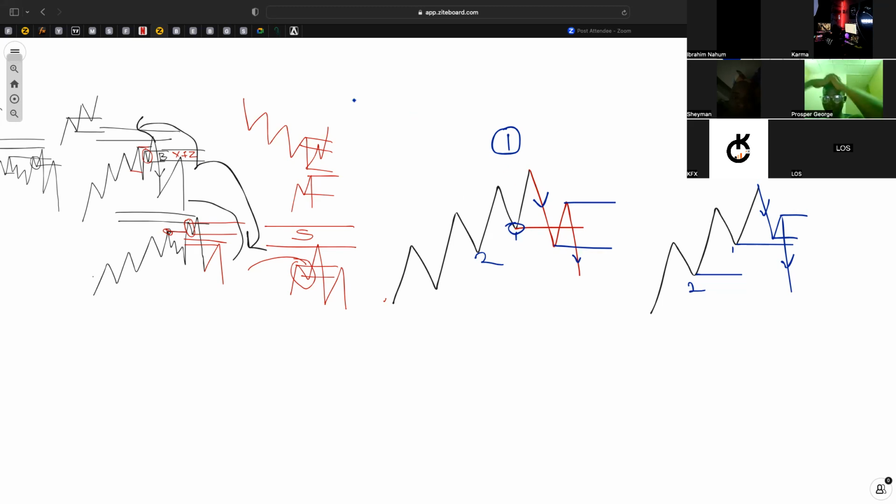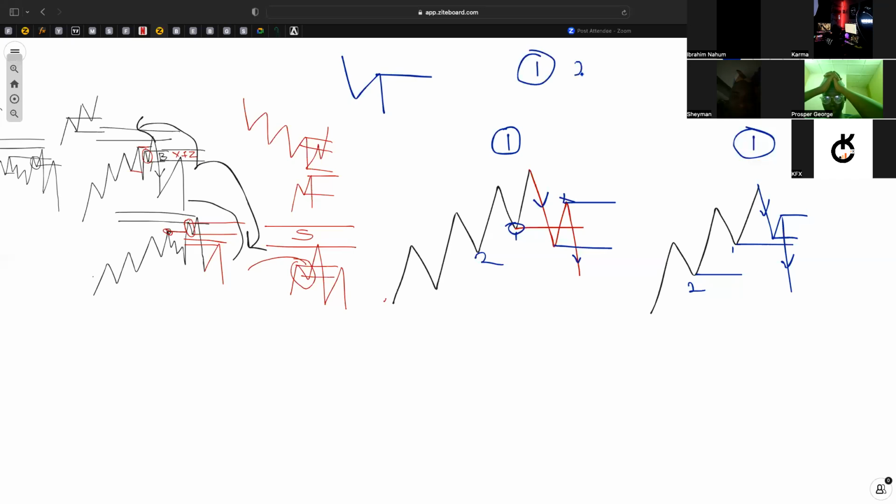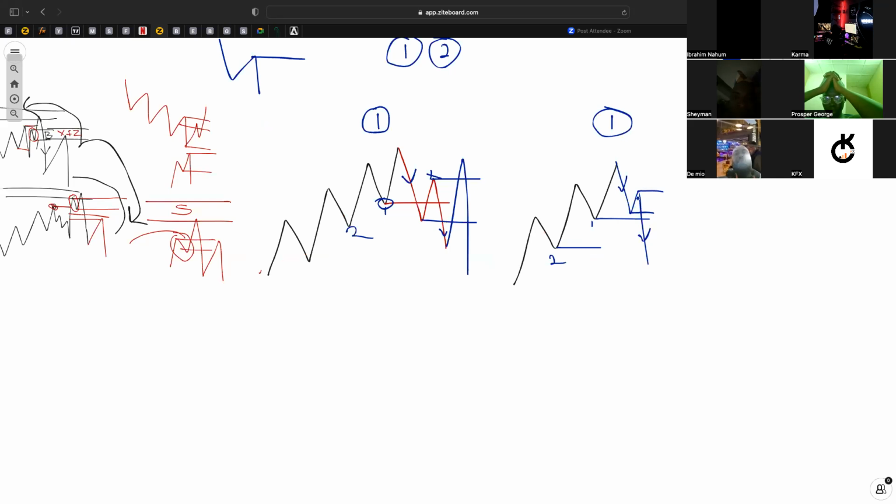So I would go back to the ABC pattern rule. Then I will investigate this to see if it probably has the type 1 of the incomplete pullback or the type 2. If I am able to get that, then I'll be anticipating the market does this and sell. But for this second one, I know that this is a valid base, right? So which means I can sell from here directly. After selling from here directly, I now have A, B, C in the form of something like this.